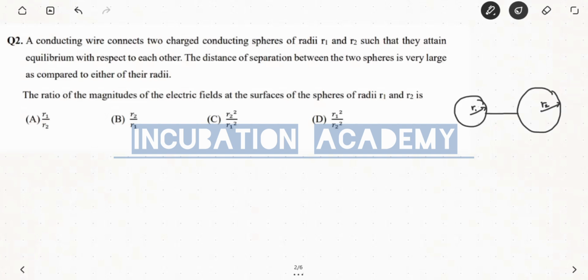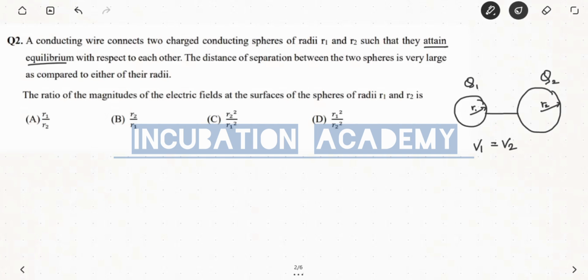Their potentials are the same. Maybe the charges in both of the spheres are different, but their potentials are the same, V1 equal to V2, because they attain equilibrium. Which type of equilibrium? No charge transfer occurs here.